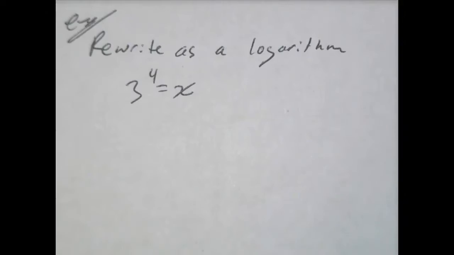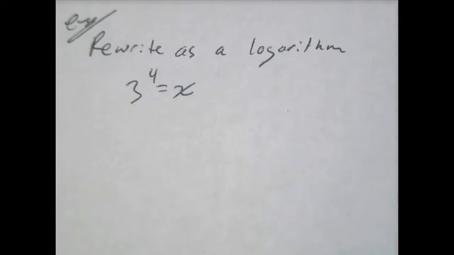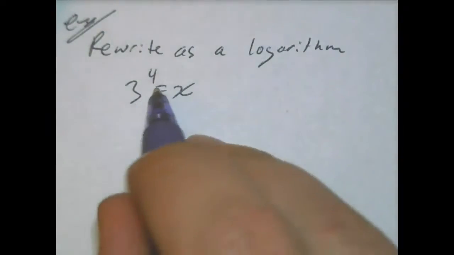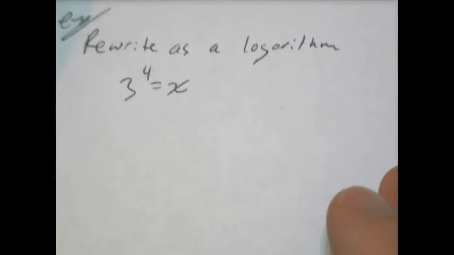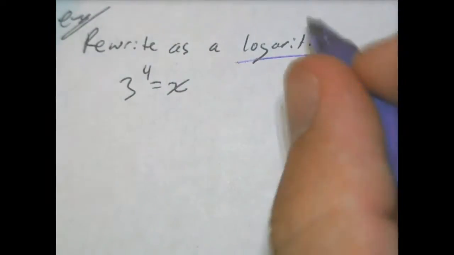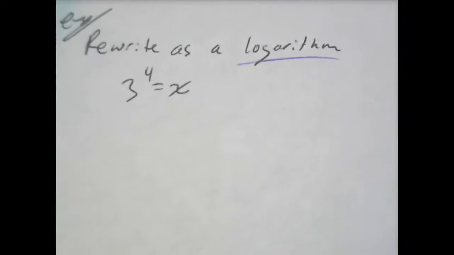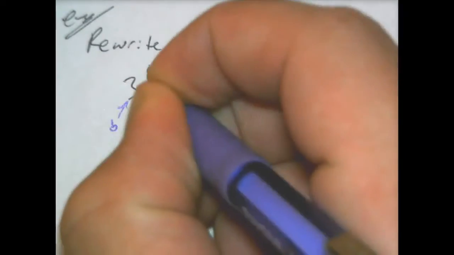All right, in this example, it gives you an exponential function. I can tell that because it has an exponent. It looks like it's an exponential form, b to the y equals x or something like that. We acknowledge that it's exponential form, and it says rewrite it as a logarithm. So I'm just going to go from my exponential form to my logarithmic form. I have my base, I have my exponent, and I have a number.